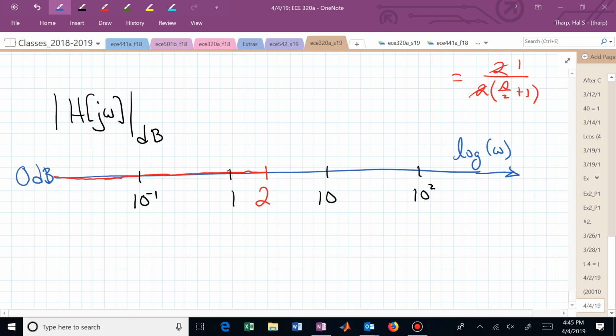And if I now said, oh, if that's the case, then here is 20. And I better be down at minus 20 dB at that point. And I just keep going. That's my low-pass filter for the red one.